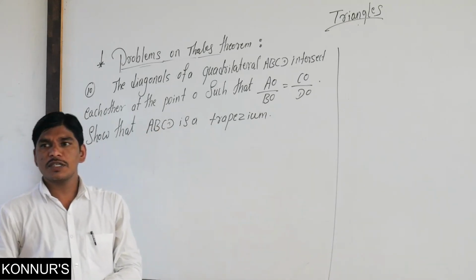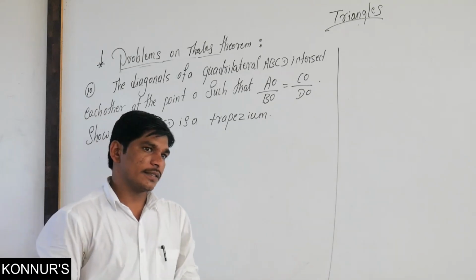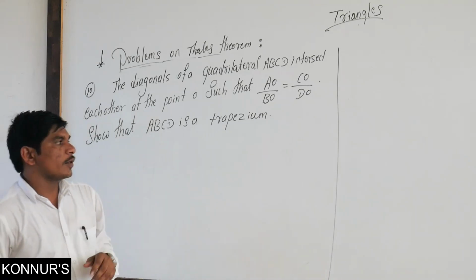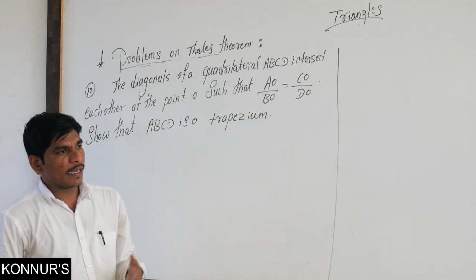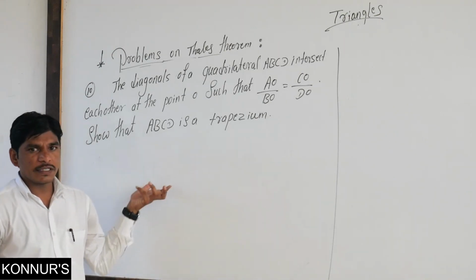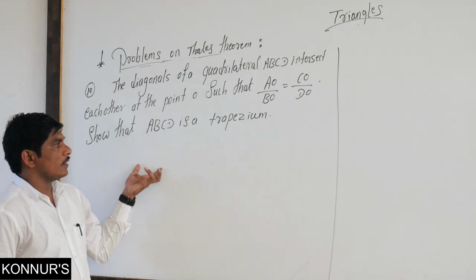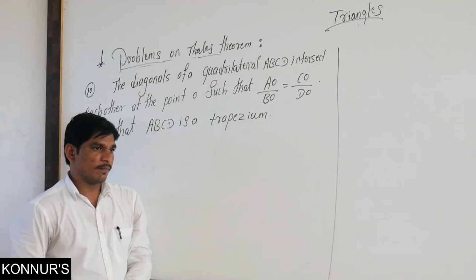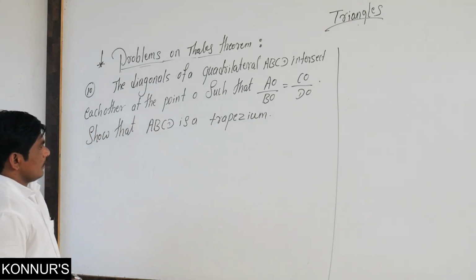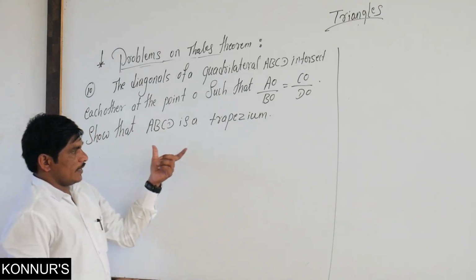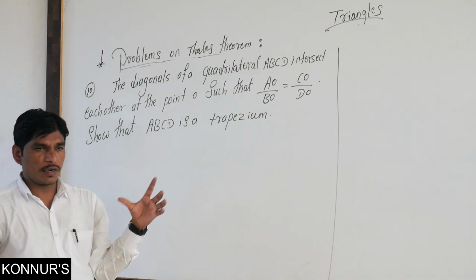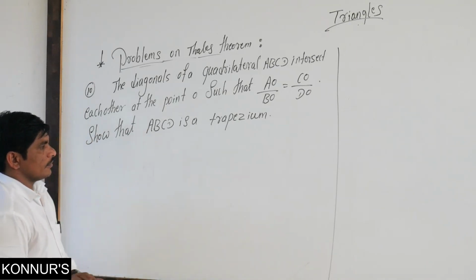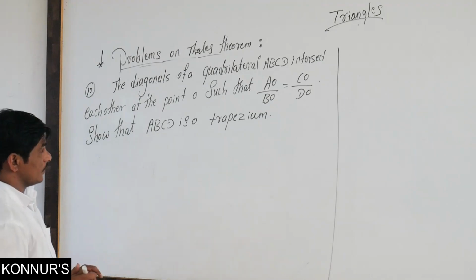In a geometrical figure or a polygon, if one pair of parallel sides is there in a quadrilateral, that is called a trapezium. Here, one pair of opposite sides, that is AB is parallel to DC, is what we are proving according to the given figure.